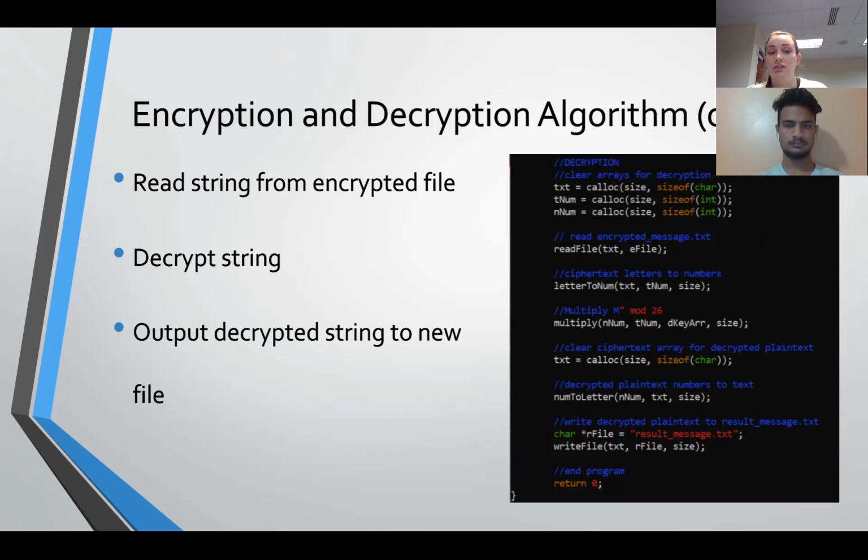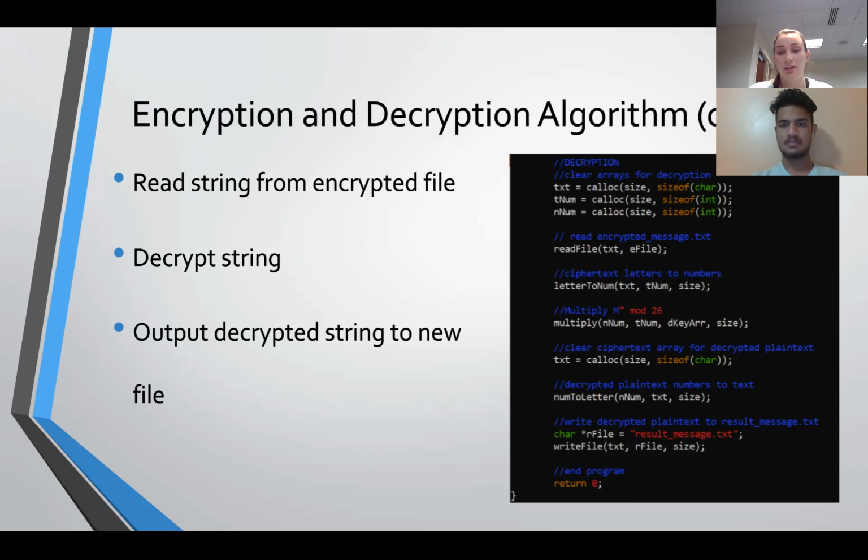Next, you read the string from the encrypted file back into another array. I just wrote over the array, so you'll see the calloc function was used to clear all of those arrays so that they could be prepped and empty for the decryption process.